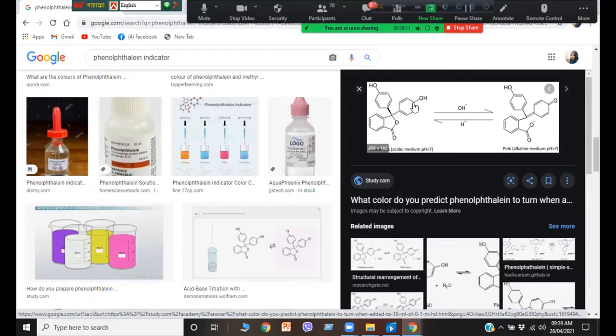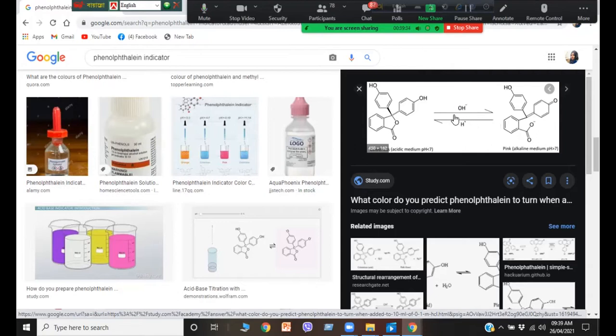This is the equilibrium condition, because it's a weak acid, so it doesn't dissociate completely. That's why forward and backward reactions occur simultaneously. For the forward reaction we need basic media.